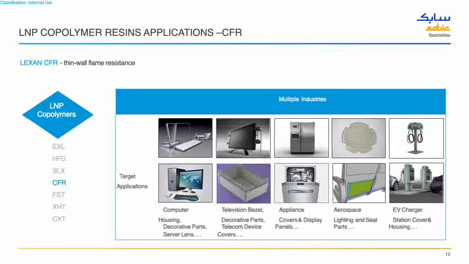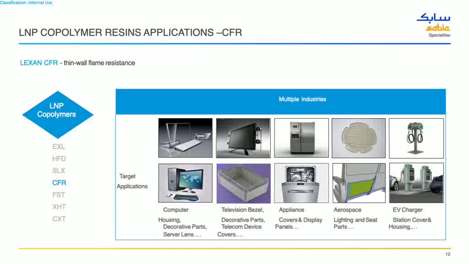So just to connect the concept here, we have a set of unique copolymers, special copolymers starting from EXL. We call that based with some siloxane comonomers, and we have HFD materials, all copolymers. I want to focus on the CFR, as I told you earlier. It's a clear flame retardant material.